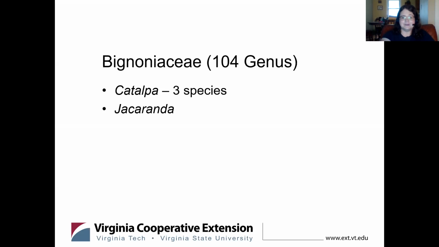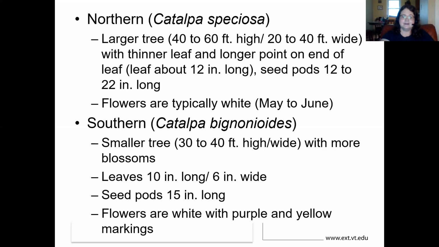So let's bring up a picture of those. I don't have the pictures up yet. But northern catalpa, Catalpa speciosa, it's a large tree. It's larger than its southern counterpart, 40 to 60 feet high, about 20 to 40 feet wide. This information about the dimensions and the seed pod length comes from Dr. Dirr's Woody Plant Manual.